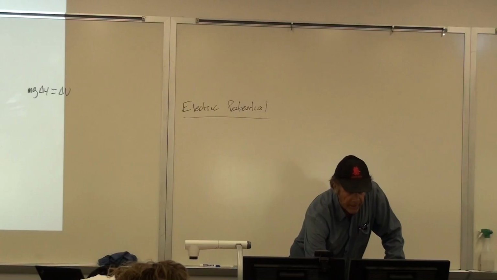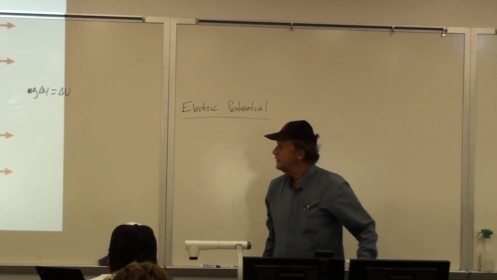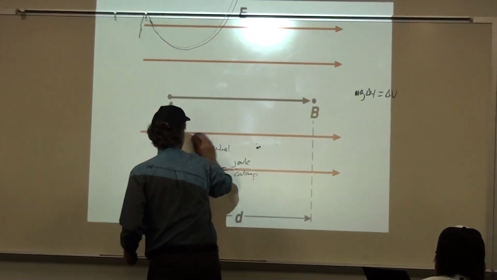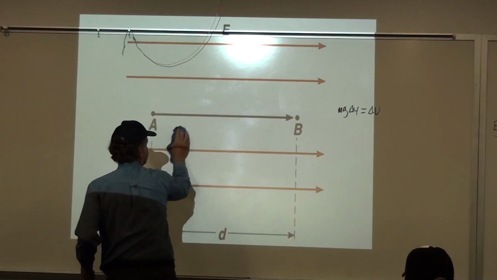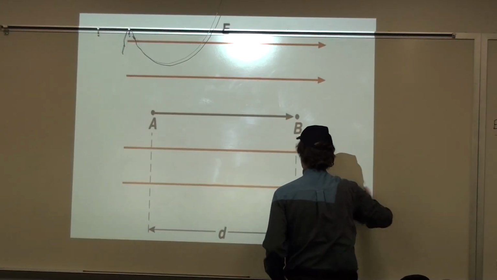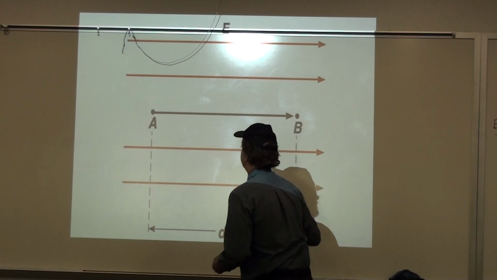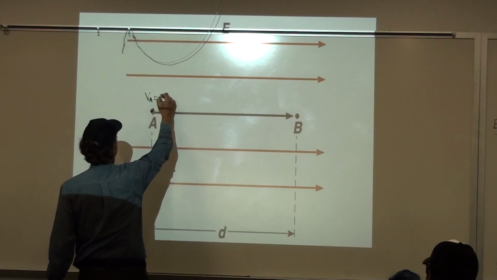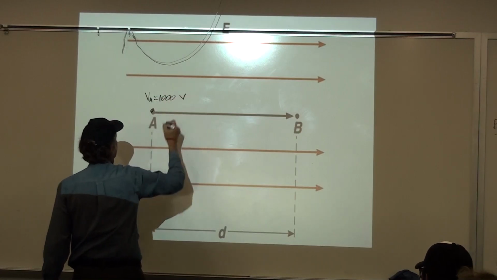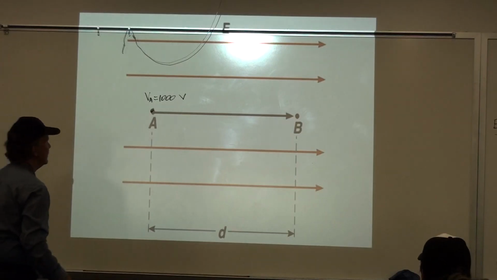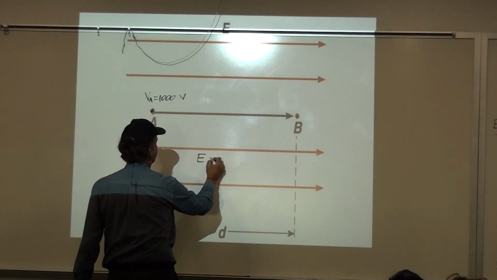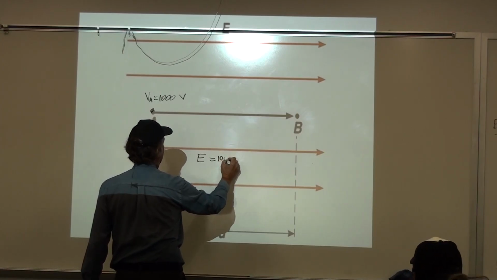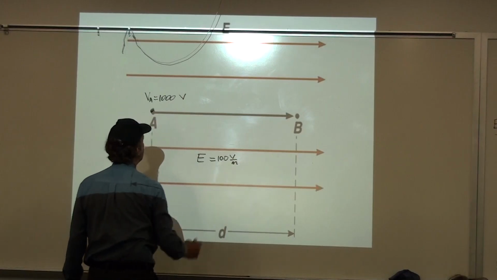Okay. So let's go to this picture here. Let's say that we've got a voltage here, VA, equal to 1,000 volts. And let's say that this electric field is constant in this region of space and is equal to 100 volts per meter.